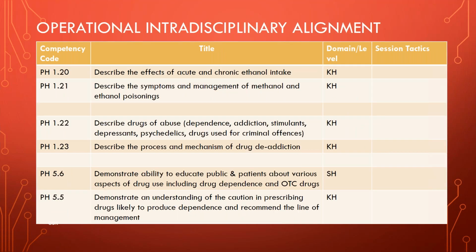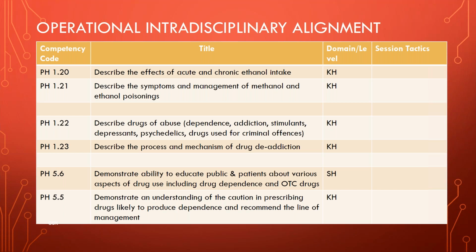PH 1.20 and PH 1.21: ethanol, acute and chronic effects, and again management of methanol and ethanol poisoning. Obviously, once symptoms and effects are discussed, management will be thereafter. Therefore, common SLOs should be prepared. PH 1.22, 1.23: drug dependence and mechanism of drug de-addiction.